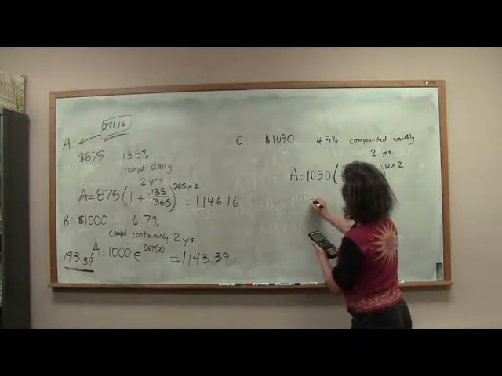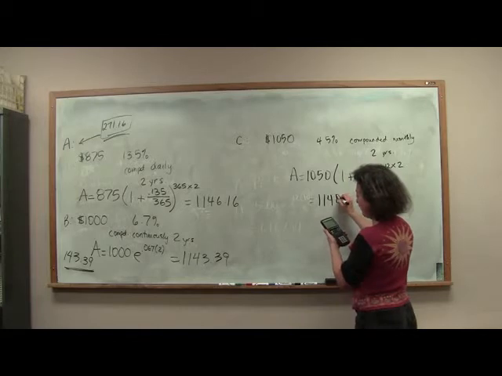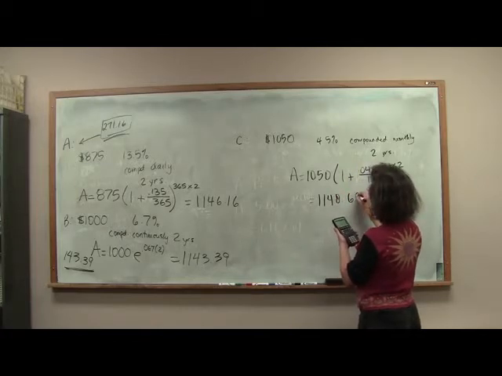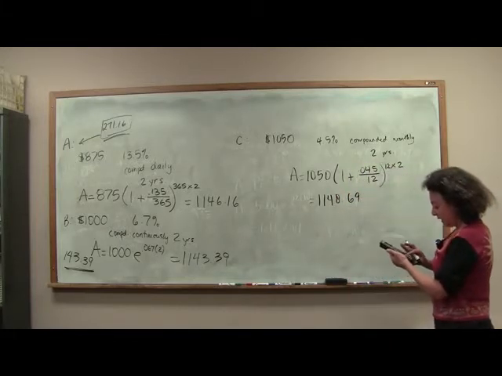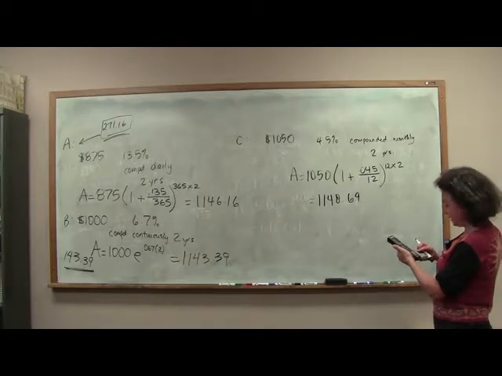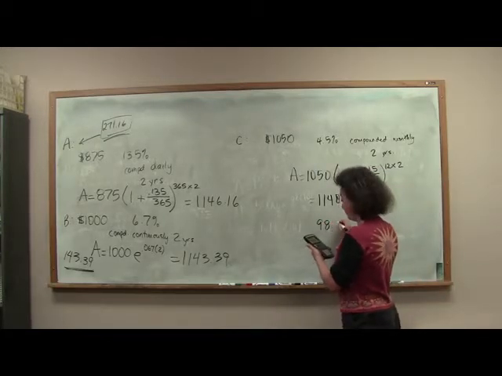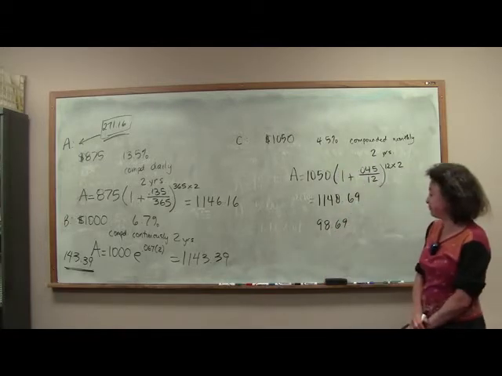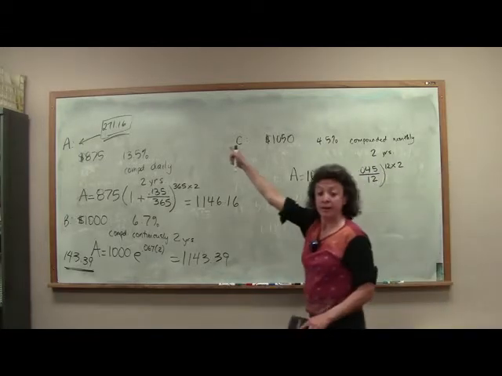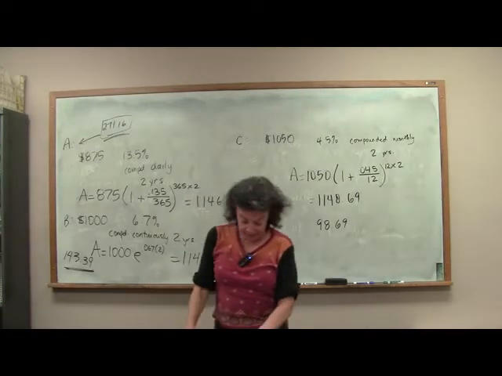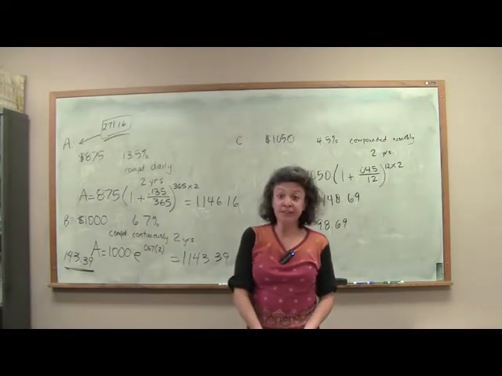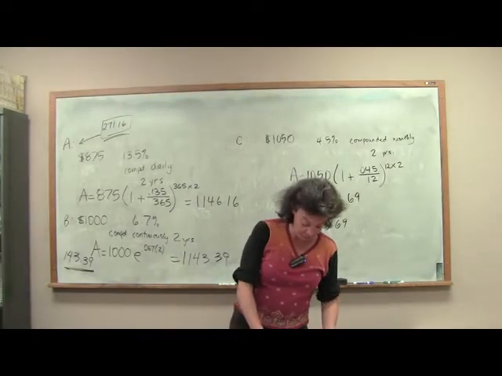And we will see in the end here we get $1,148.69. And if we subtract the 1,050, that's actually the worst of them. So, in this case, investment A is clearly our best option.